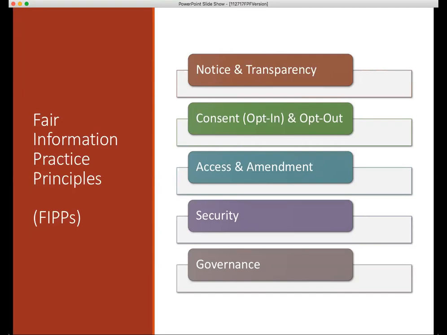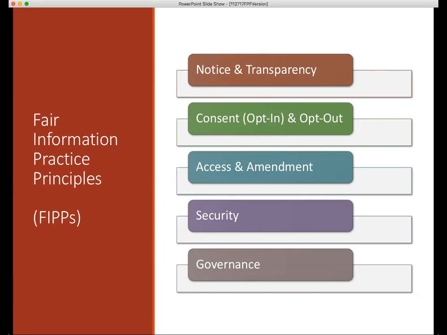Generally, there's the idea that users, or in our case, students, who are subject to data collection should be notified of that fact, and that should be transparent. Next is the ability to opt in and opt out, that they should be able to consent to having their data collected, and in more modern times also to how it is used.